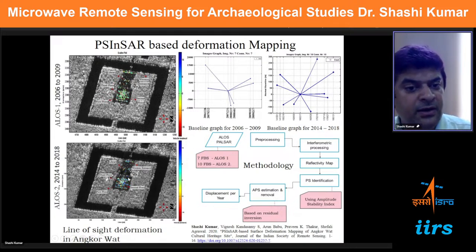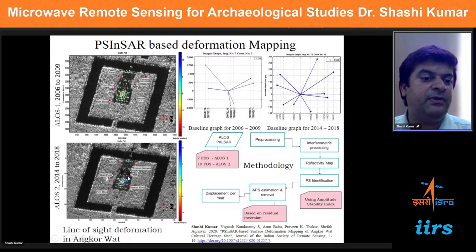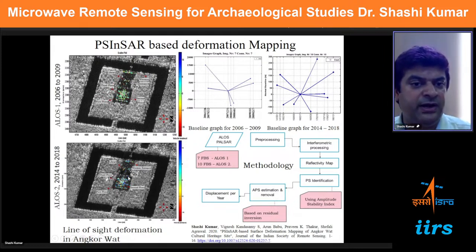But when we did the mapping and monitoring with the help of the LOS2 and LOS1 data sets, we found that there is no subsidence and this area is stable. This area is surrounded by a water body, so even if there is any lack of underground water, it might be fulfilled by this water body.